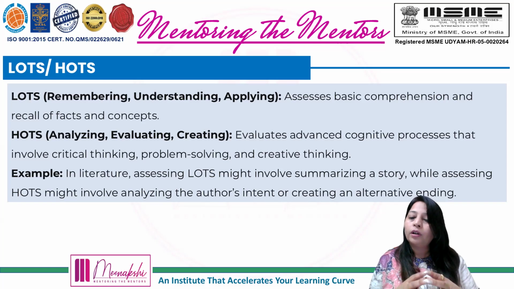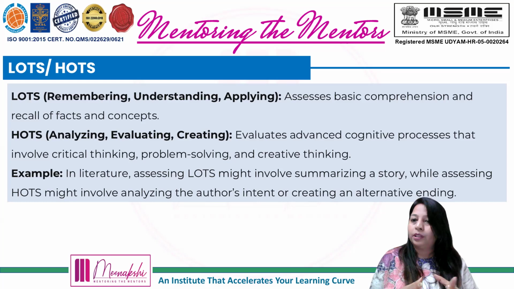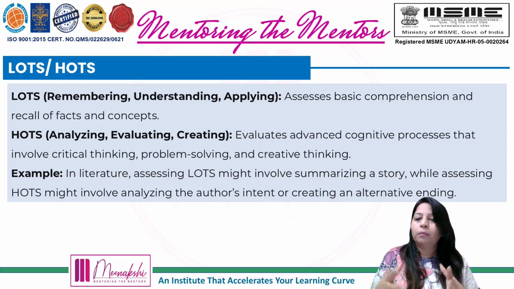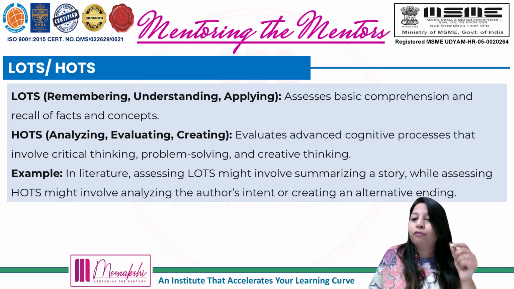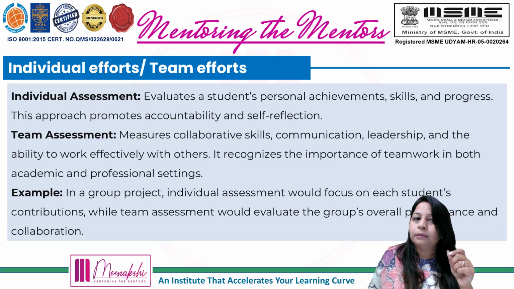Here you want your students to use their critical thinking skills and creativity, and they will be evaluating and even analyzing how the author has used his skills, maybe the usage of imagery, metaphors, etc., and different parts of speech, how they are being used. So you can talk about that also, right? So basically these points are to be taken care of before you are planning the assessment.